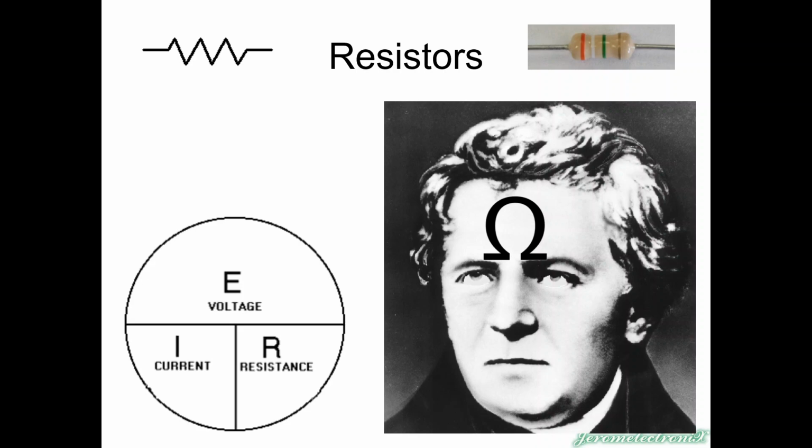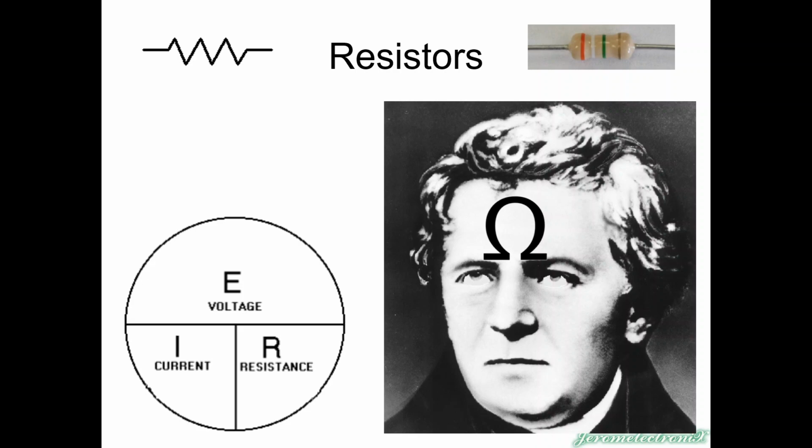But what George Ohm did was he told us there is a relationship between them that is moderated, I guess, by resistance. So basically, the idea here is if you don't know the current, but you do know the voltage and the resistance, you can find the current by dividing the voltage by the resistance.